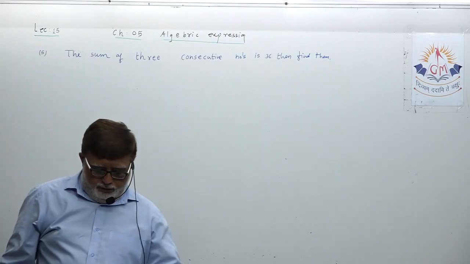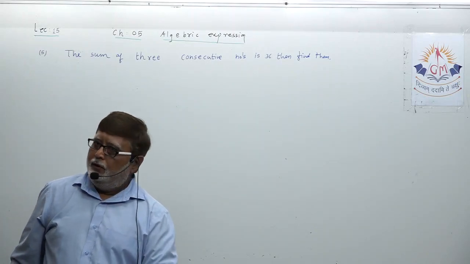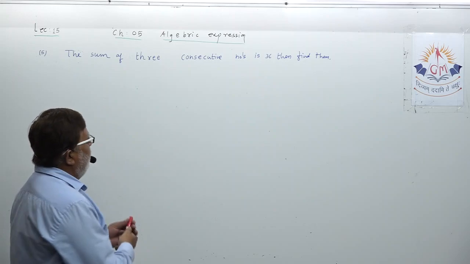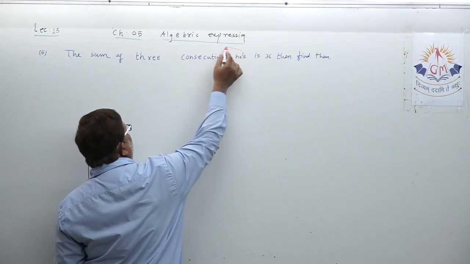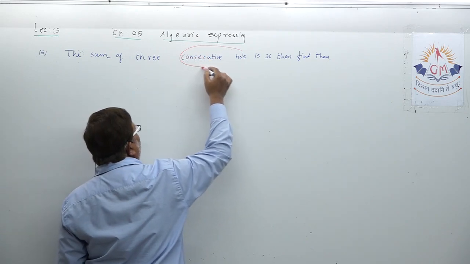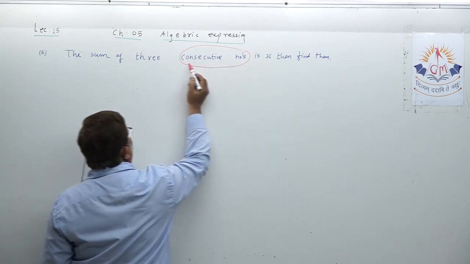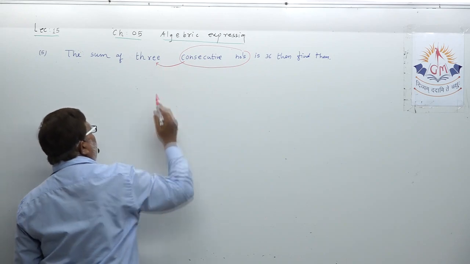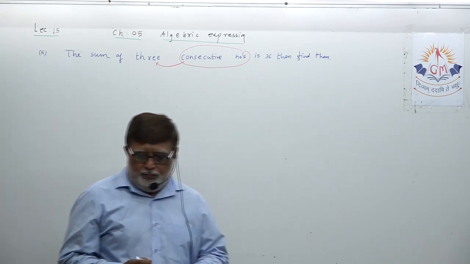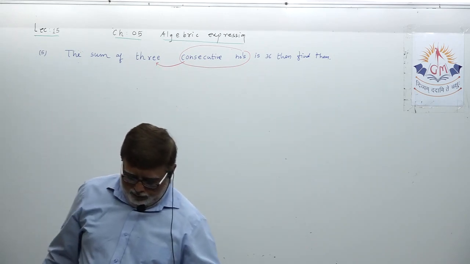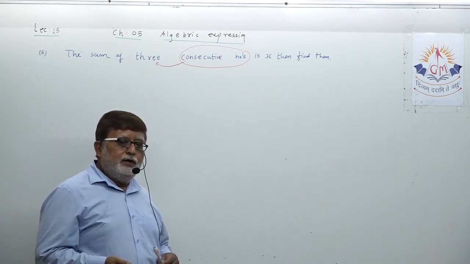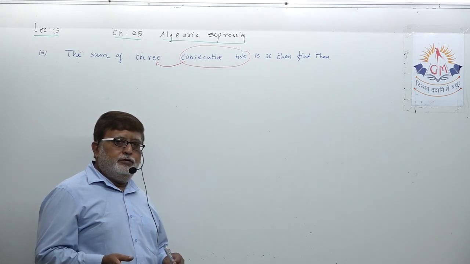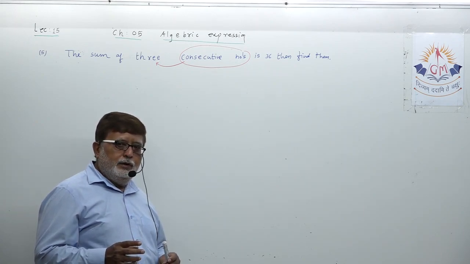But while solving such an example, the very important point is this, consecutive. This is a very important word, because it is going to give you an idea how to suppose 3 numbers. Dear student, you may come across questions involving 4 consecutive numbers, 5 consecutive numbers, 6 consecutive numbers, whatever.